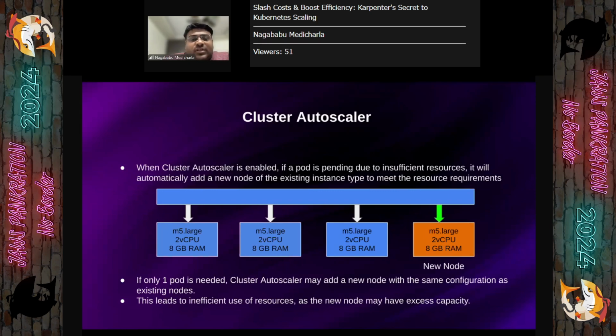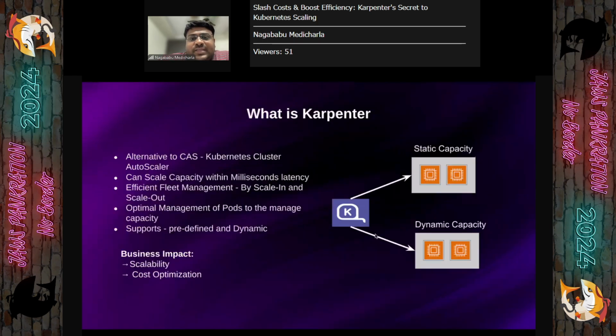But for even one pod, you get the same type of instance: M5 large, M5 large, M5 large. That means you cannot get multiple node types in the cluster autoscaler. This is where Karpenter comes into the picture.